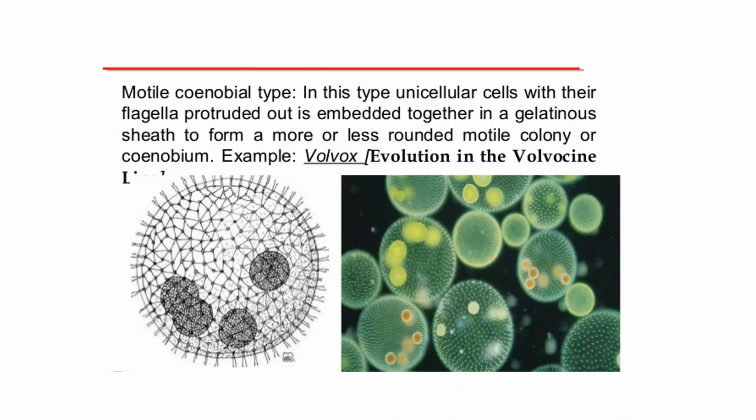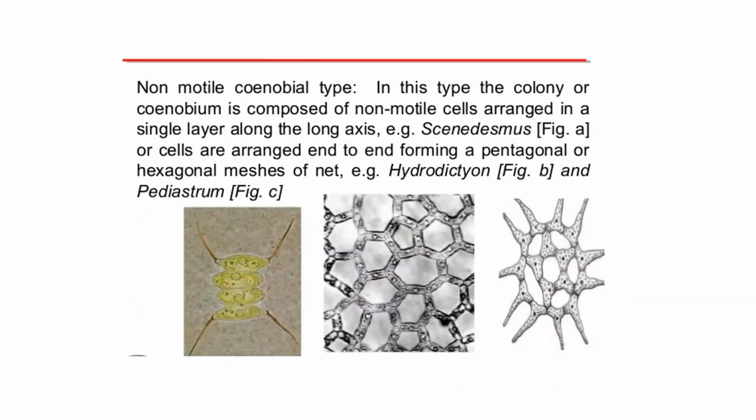An example is Volvox, because Volvox is an evolution in the volvocine line, evolved from simple unicellular forms to organisms that live together, four or five cells or more, under one sheath, forming a colony, also known as a coenobium. It is also motile because the cells have flagella and they move.